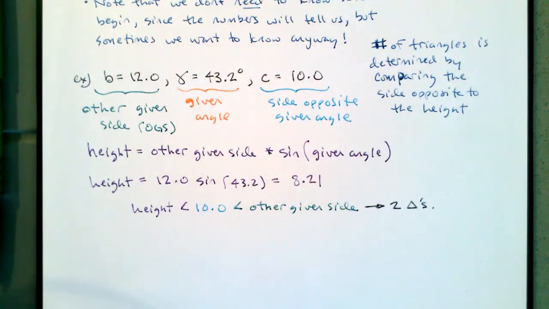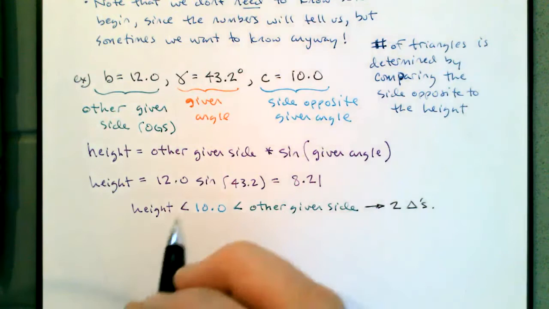So when we find that first angle, when we're doing the ambiguous case of the law of sines, the first thing that we're going after is an angle. Since we know that there are two triangles, we find the angle that we get from the sine inverse in the first and second quadrants.